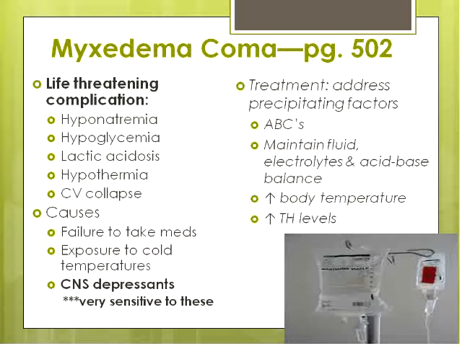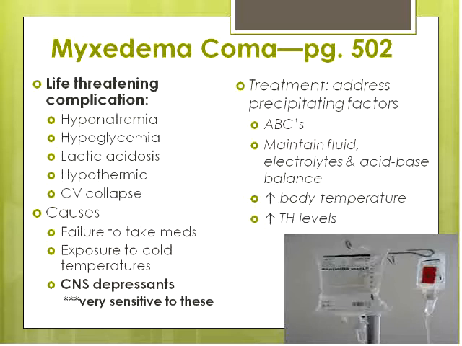And this is important for you to remember as nurses: CNS depressants. These patients are very sensitive to CNS depressants. Give me a CNS depressant that we give routinely in the hospital. Opioids, right? So on a patient with hypothyroidism, you would give it very cautiously, because they could go into myxedema coma.